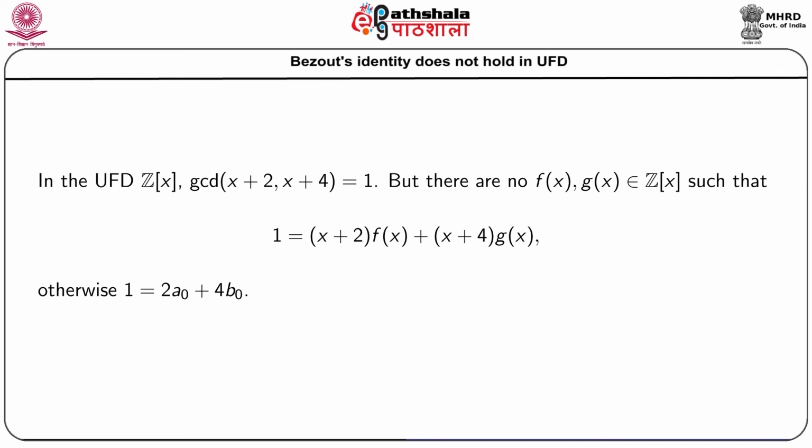If possible, suppose there are two polynomials f(x) and g(x) in Z[x] such that 1 is equal to (x plus 2) f(x) plus (x plus 4) g(x). Comparing the constant terms, we get 1 is equal to 2 a0 plus 4 b0 for some a0 and b0 in Z, but which is not possible.